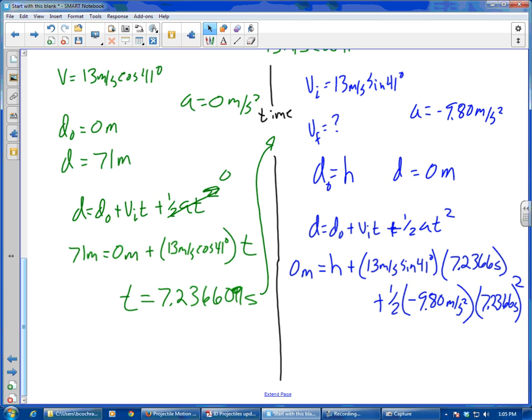I just plugged in everything I knew. I knew the V initial, I knew the time, I knew the acceleration. So in other words, that whole thing is going to equal negative of my H. Okay? That's one way to think about it. Now, you could have set your starting point at 0 and the other at the bottom as negative H.